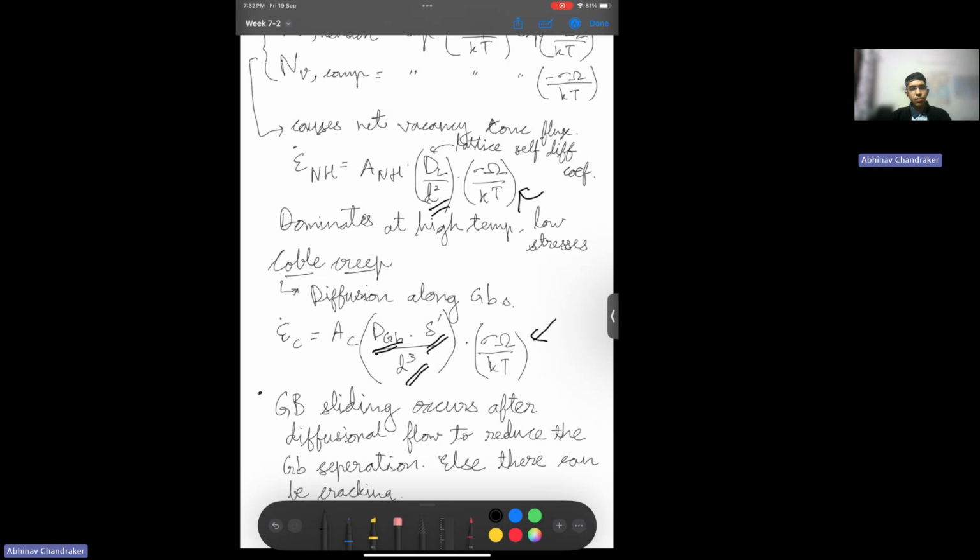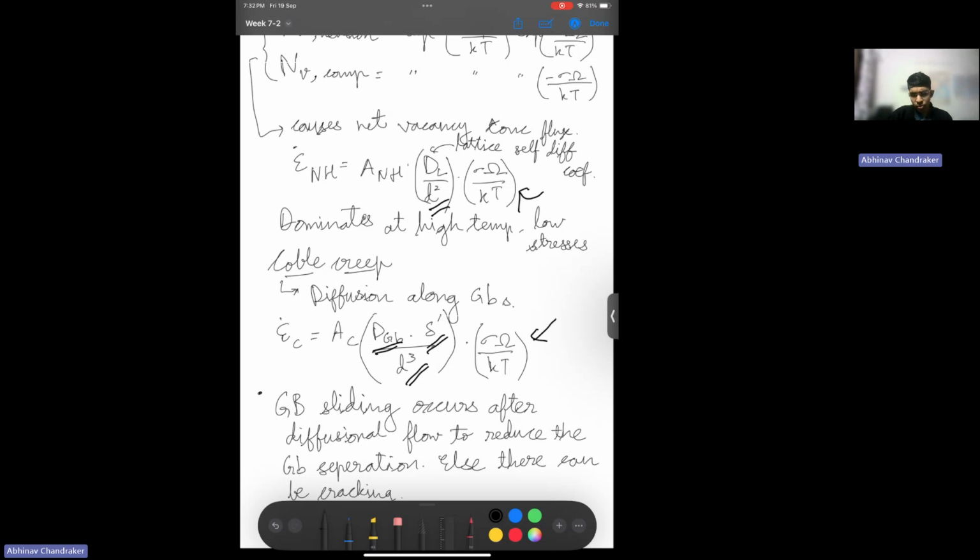But along with this change in grain shape, you need to maintain the compatibility at the grain boundaries. There should not be any void forming between the grains, as that will lead to flaw creation, and quickly stress can concentrate and lead to failure.